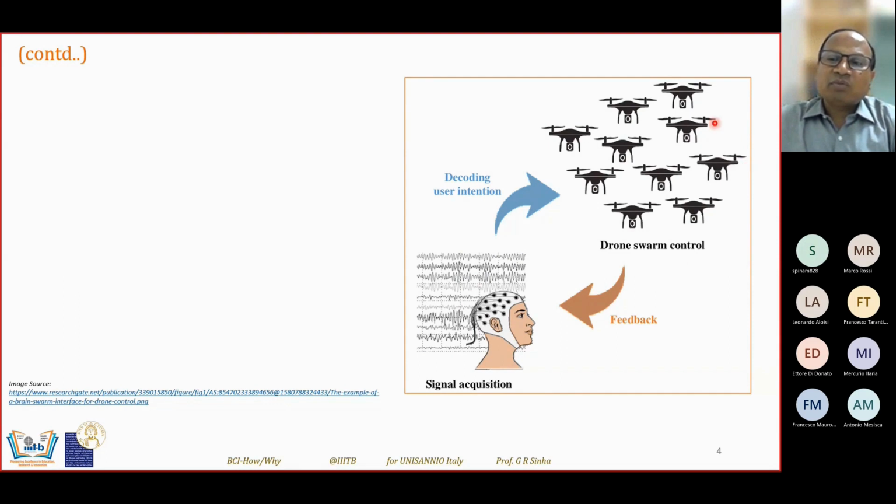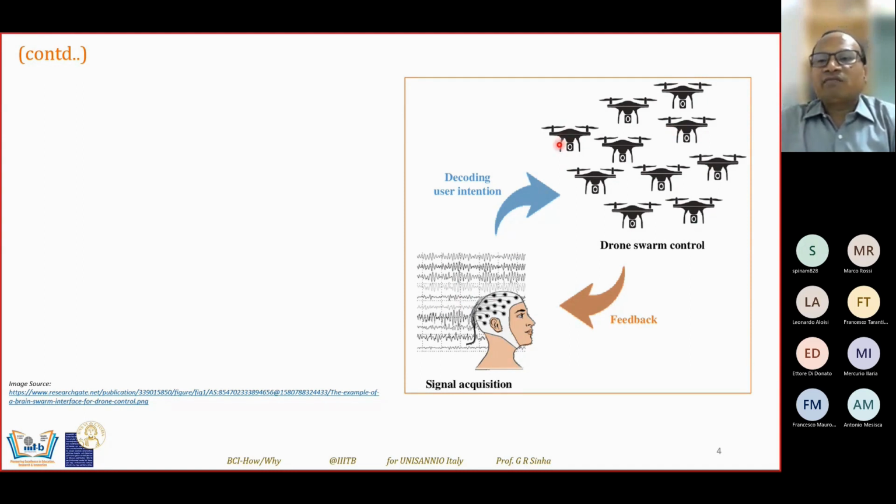As you can see, there are drone swarms, and these drone swarms are simply controlled by the human brain wirelessly. You know that all these swarms are working in a wireless environment only. So you can just decode some signal, and whatever is the thinking, whatever the human brain wants, the way in which it wants to control, that controlling mechanism is possible.